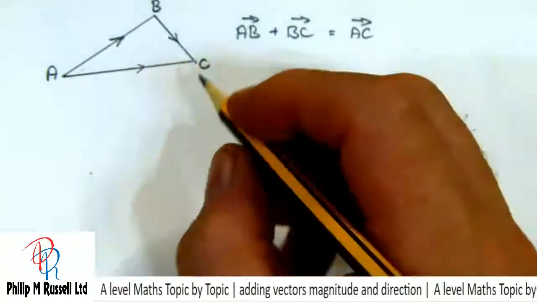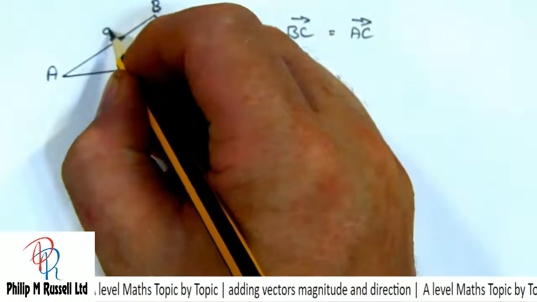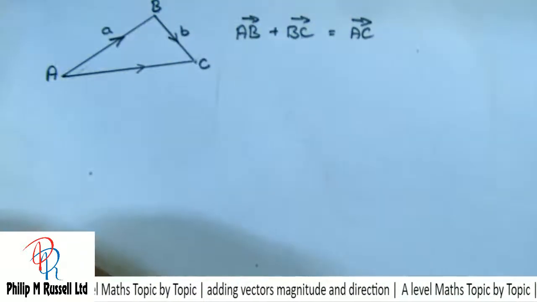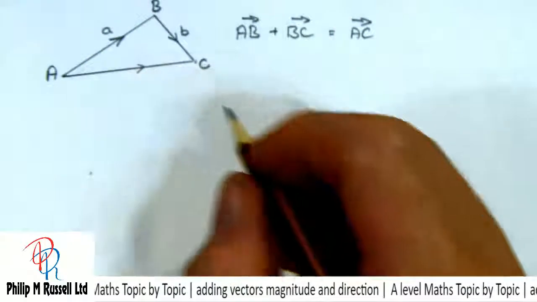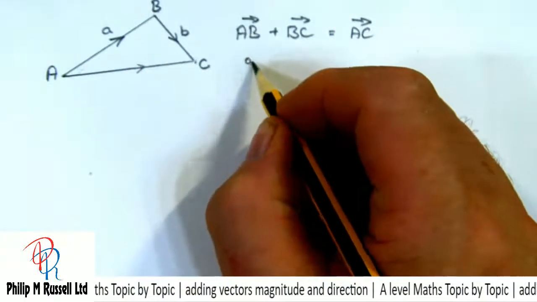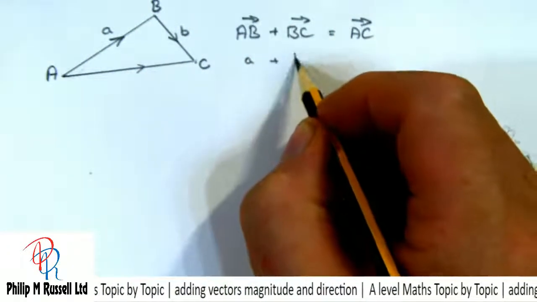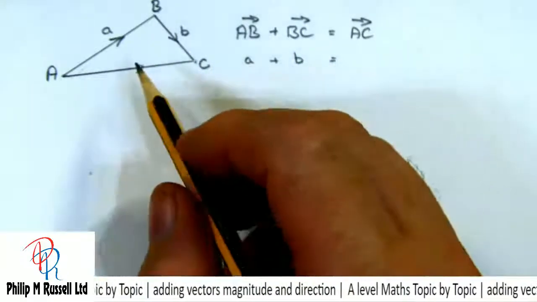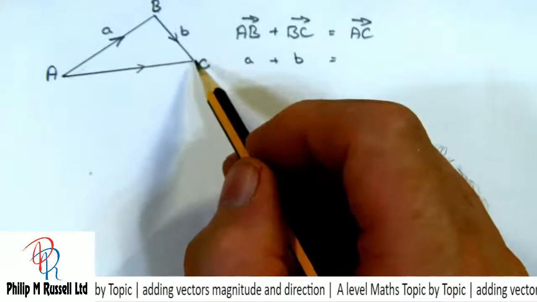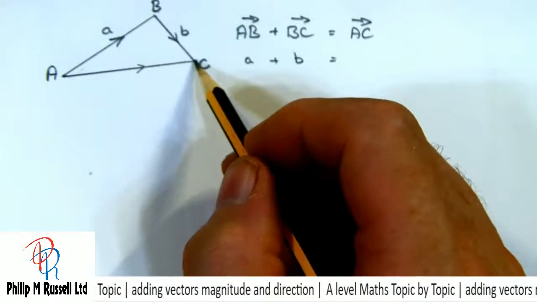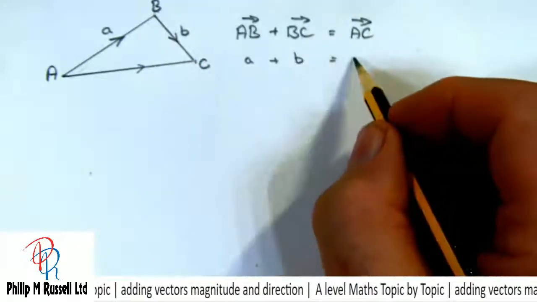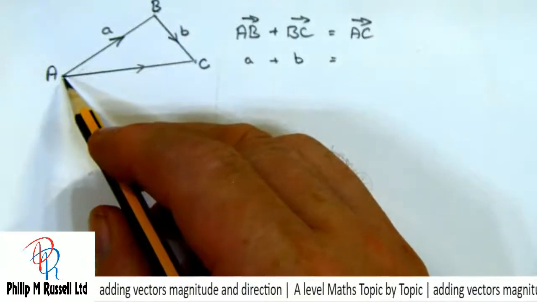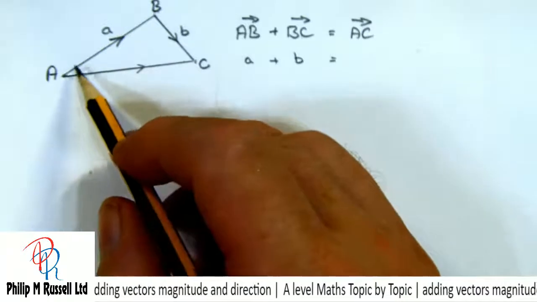Often when we talk about these vectors, we give them little letters. So I can say that vector A plus B will equal this one, which will be, if I want to get here, I would go C to B, which is going to be minus B, and well, we can do it that one.